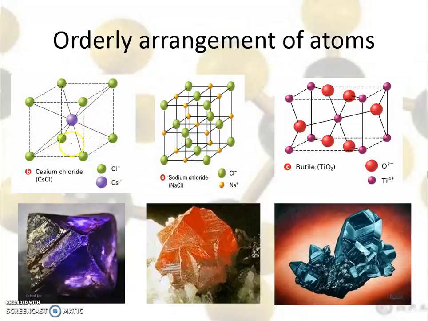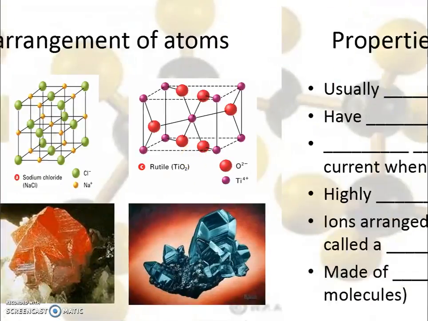I believe this is cubic center face, but I cannot remember. And then you have your sodium chloride, with 1 chlorine and 1 sodium, and I don't remember what they're all called, but I'll remember by the time we get to class. These are different ways that the atoms can be arranged, and that's why you get these nice, pretty crystallized structures in your ionic compounds.